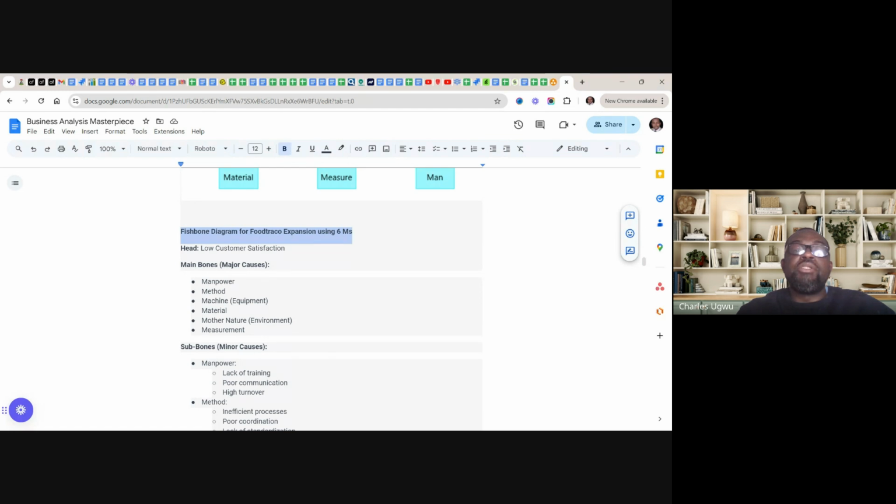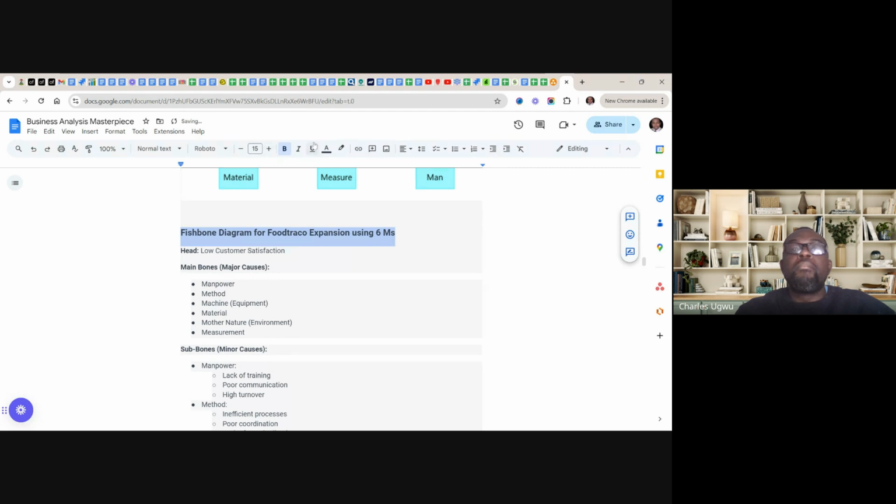That's where I captured these case studies. So this is where the problem is, in the FoodTrack expansion.